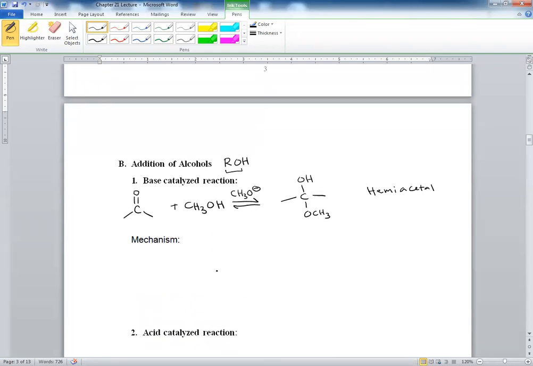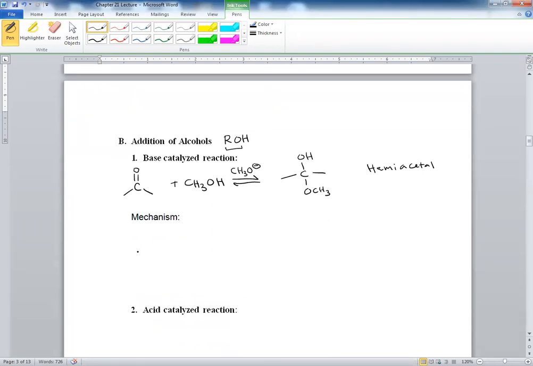So let's look at the mechanism. It's similar to the mechanism you've seen above with the addition of water. So you have OCH3 minus. It's a strong nucleophile. Let me draw the arrow in a better way here.